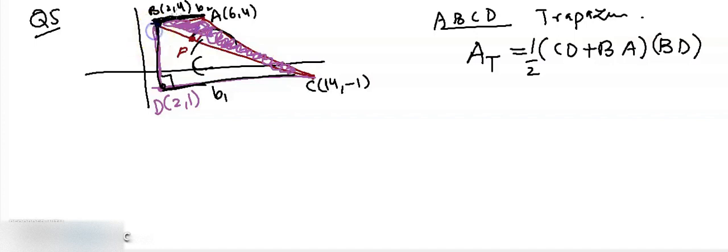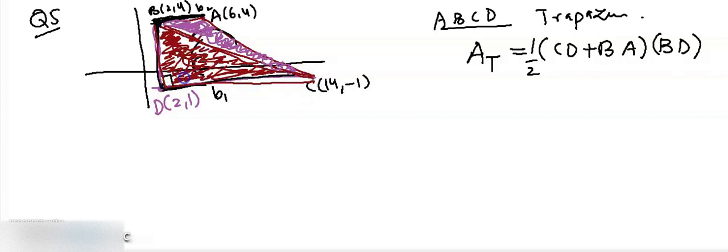So if I can subtract this extra area that I have added from the total area, then I will be left with the area that I need. So we need to subtract this area. The question is how to calculate this area, but this area is very simple, because this is my height and this is my base, and this is a right angle triangle.